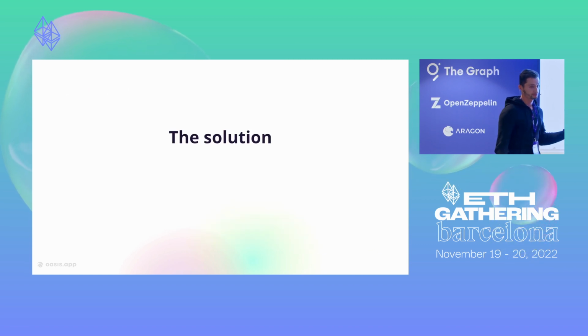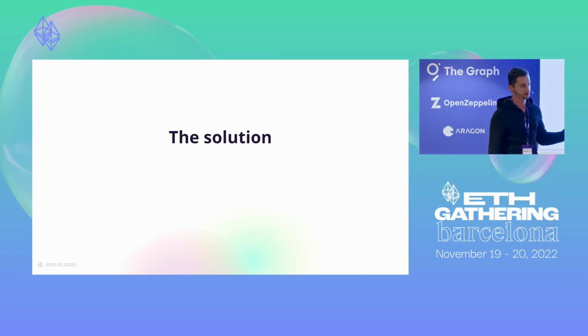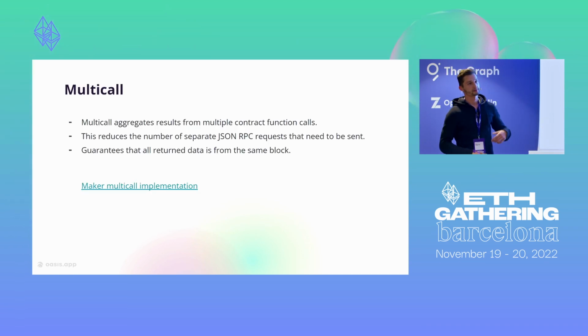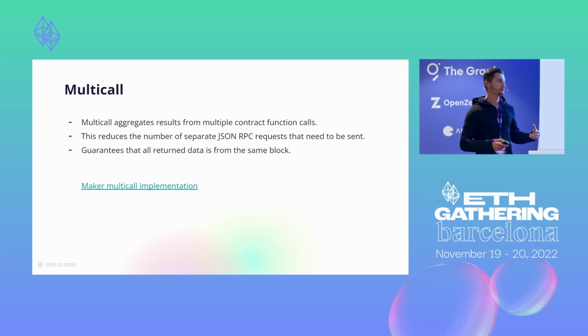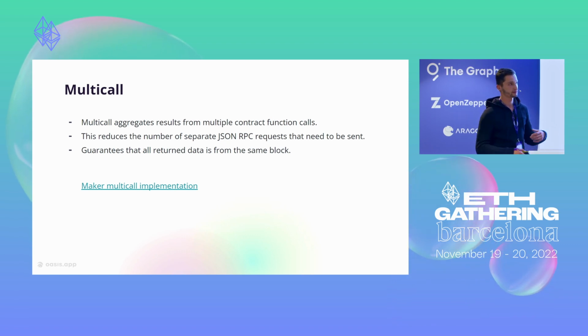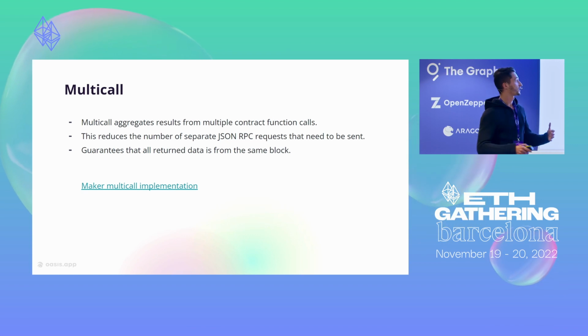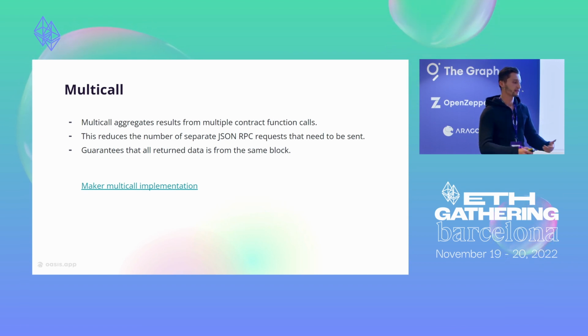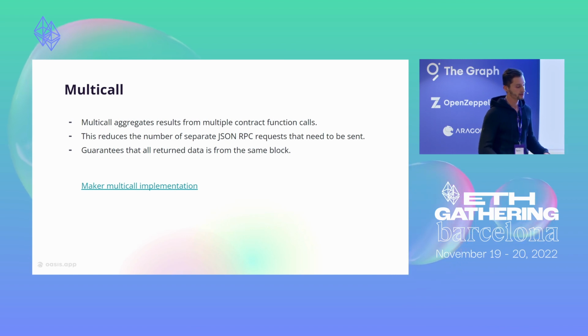One of the solutions that we explored was to use a multicall. What's a multicall? Multicall is a smart contract that we call and that allows us to aggregate and batch all the calls into just one RPC call. Instead of making 100 calls, we can batch them together into one call.